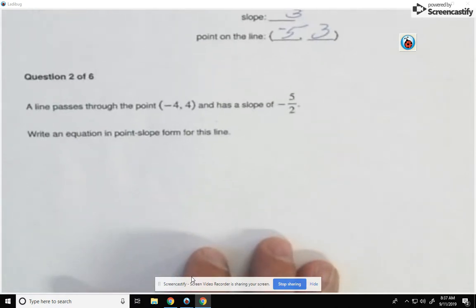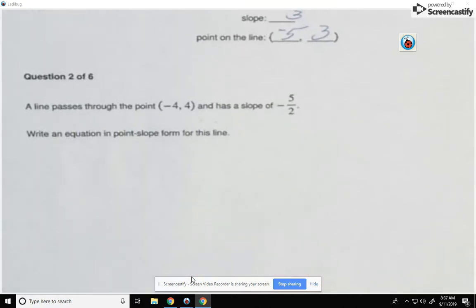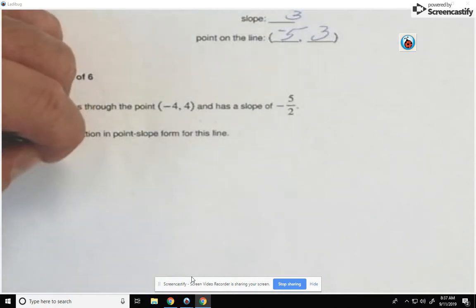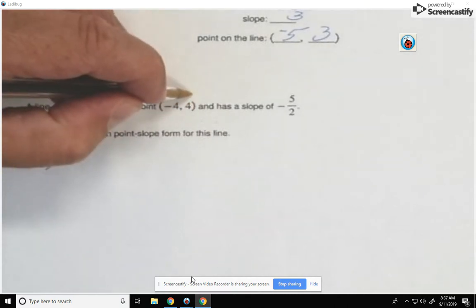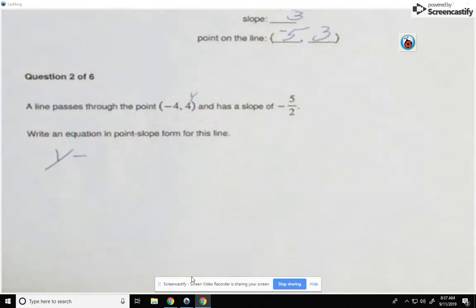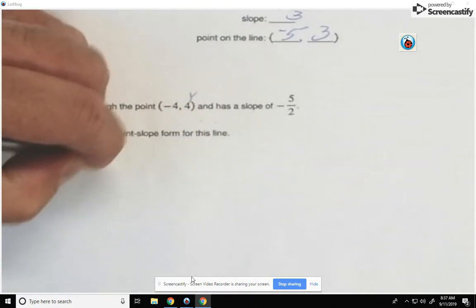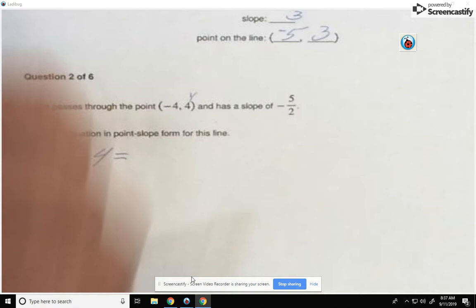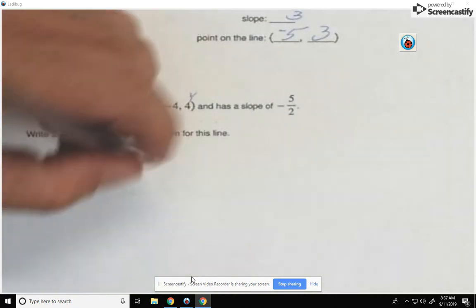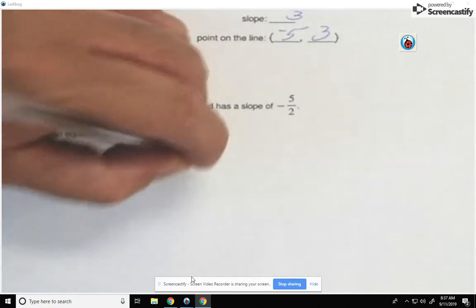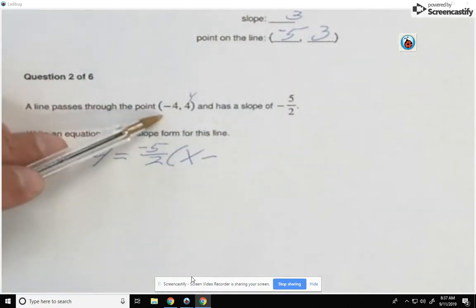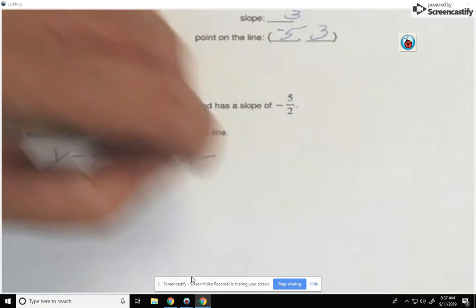Question 2 is the reverse of this. You're given a point and a slope, and you're asked to write the equation. So we know it starts out as y minus our y1, which is 4, equals m, our slope, which we're told is negative 5/2, times (x minus our x from our point, which in this case is a negative 4).